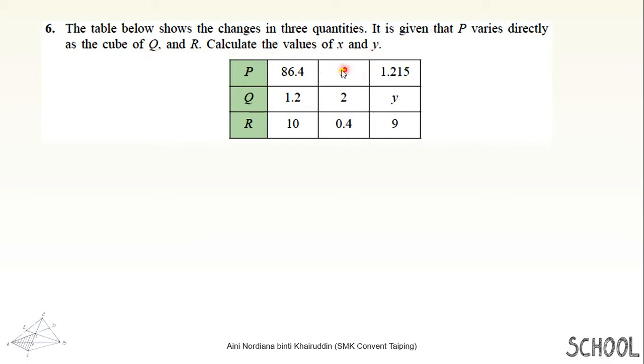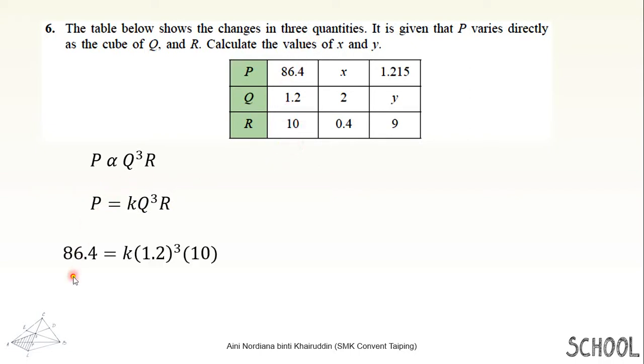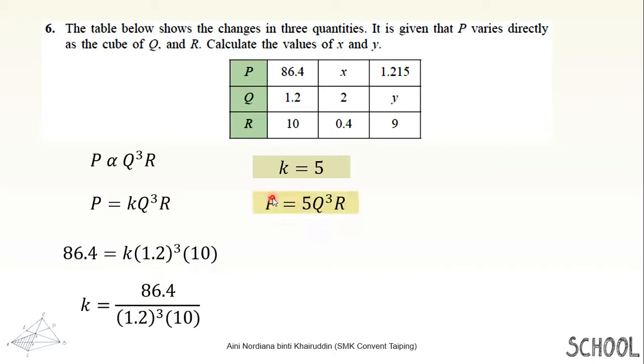So, the first step, you write in the relation form, then write in the equation form. Find the K first. Substitute the value of P, Q, and R by using the first column here. Once you substitute the value, you will get the value of K. So, substitute back into the formula.